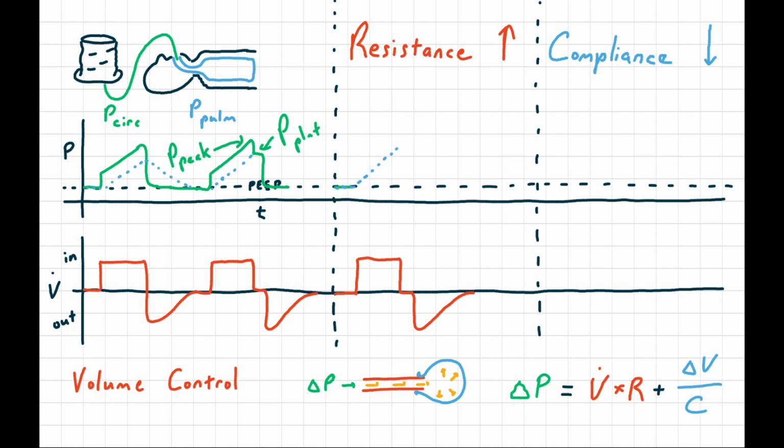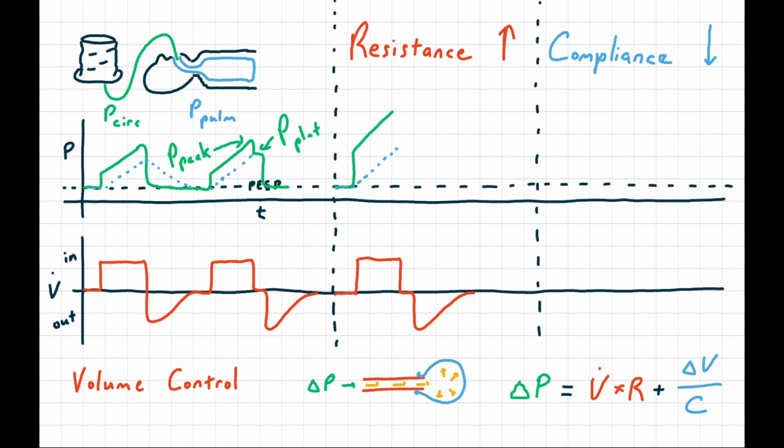However, because your resistance is high, the delta between pulmonary pressure and the circuit pressure needed to drive this constant flow rate, if resistance is high, flow rate is constant, the circuit pressure will have to be high.